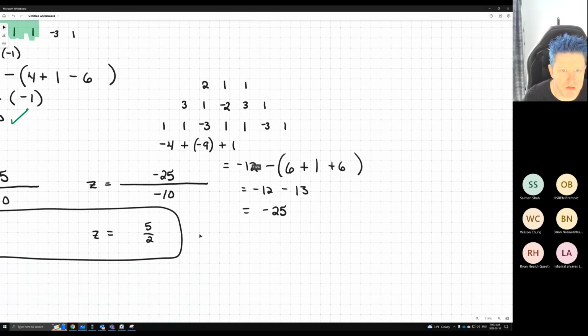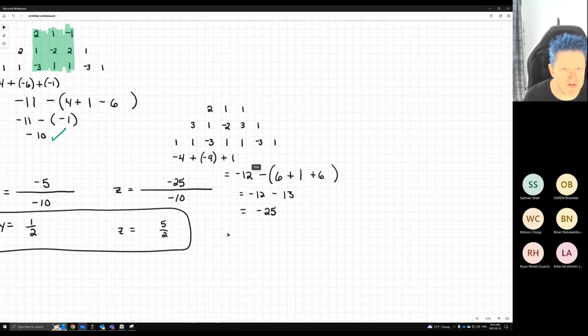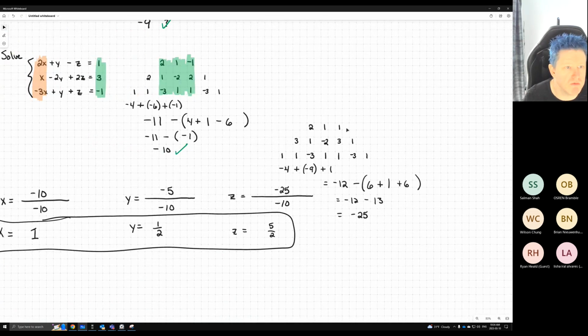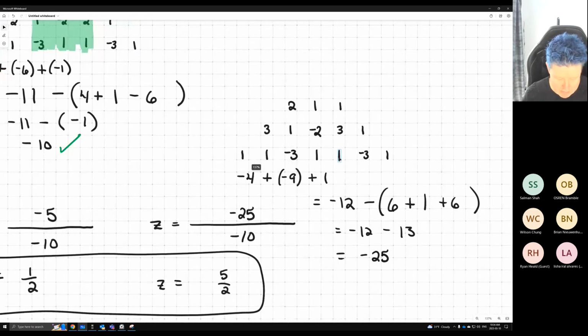All right, let's take a closer look here. Down and to the right, let's make sure I've copied my matrix down correctly. Okay, that's going to be replaced with 1, 1, negative 2, 3, negative 3, 1. Oh, right here. There's the problem.